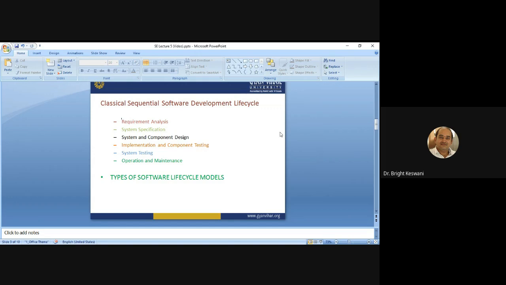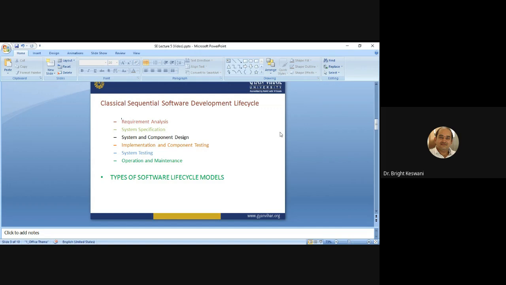We had a detailed discussion about all the phases, and we had discussed various operations and various activities we have to conduct in these phases.